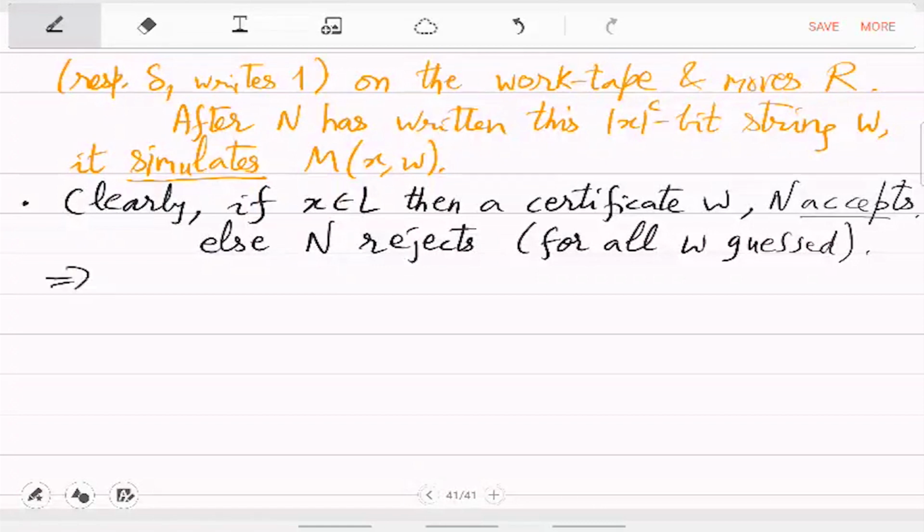So this means that we have shown L to be solvable by an NDTM in how much time?